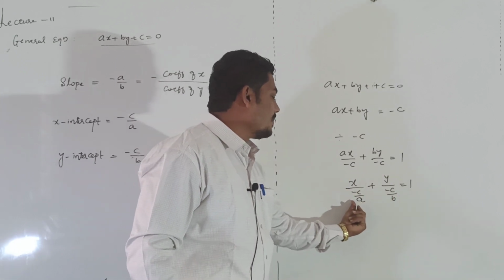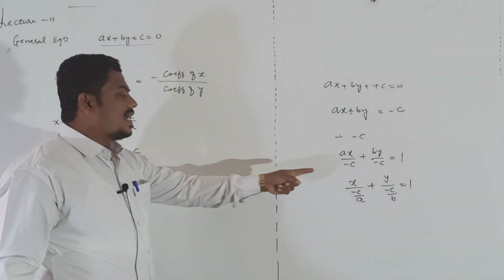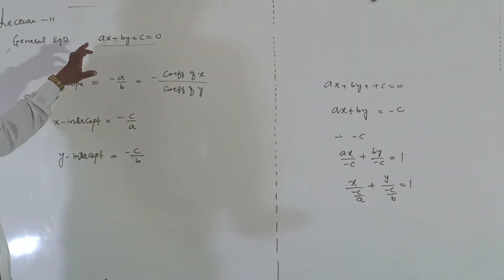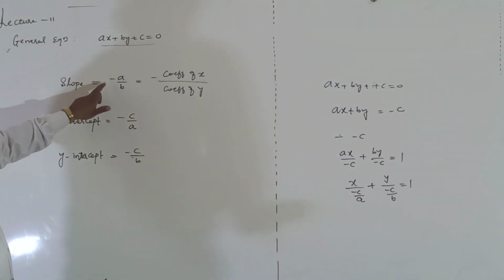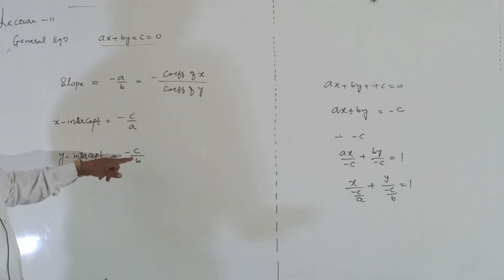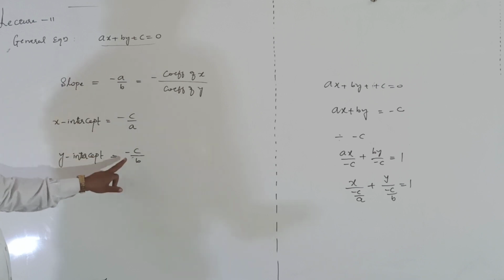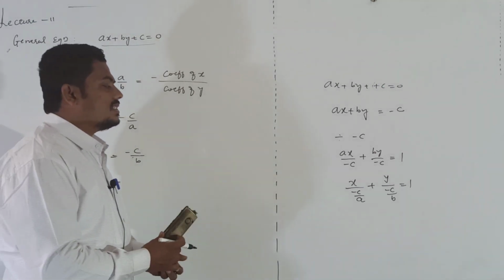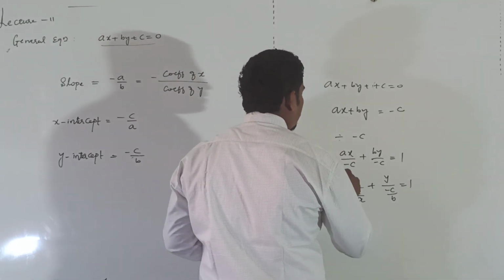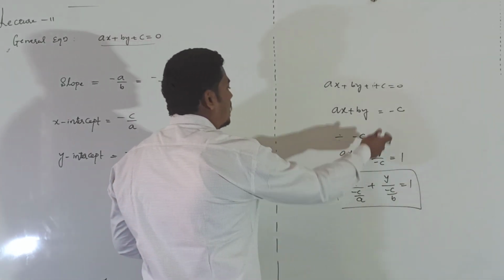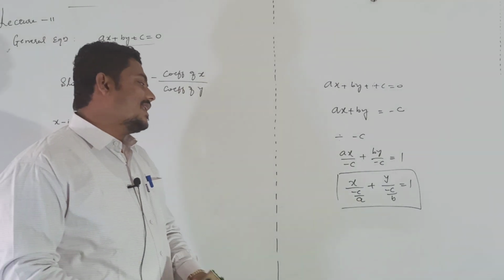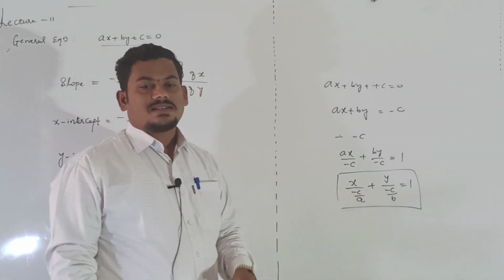So x intercept is minus c by a, y intercept is minus c by b, right? Hence slope of this line is minus a by b, x intercept of this line is minus c by a and y intercept of this line is minus c by b. Remember this formula. Proof is not necessary, right? Convert this line in the form of x by a plus y by b equal to 1, then you get the x intercept as well as the y intercept, right?